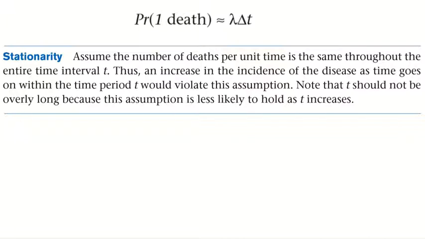Here we assume that the number of deaths per unit time is the same throughout the entire time interval t. Thus, an increase in the incidence of the disease as time goes on within the period t would violate this assumption. So it's like constant deaths for a particular time interval t.